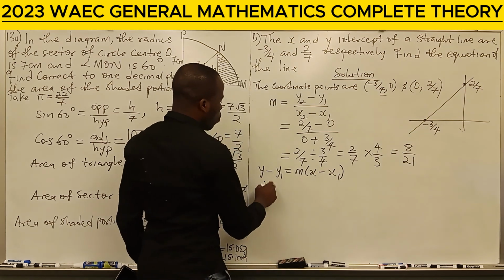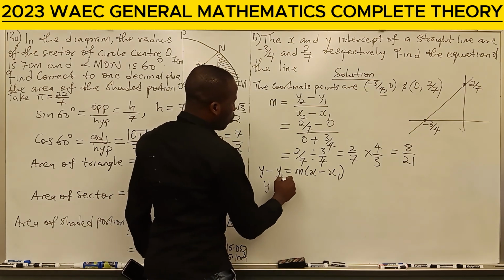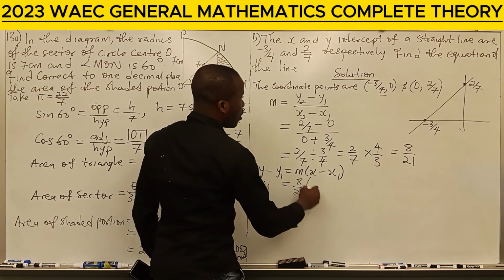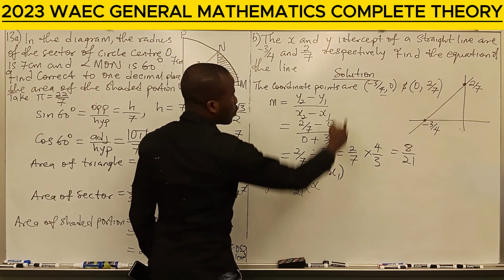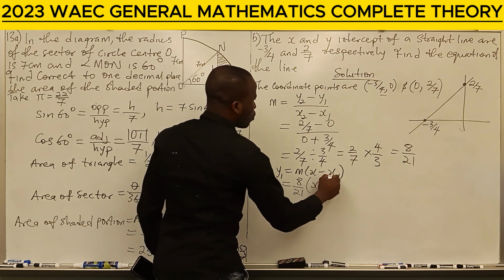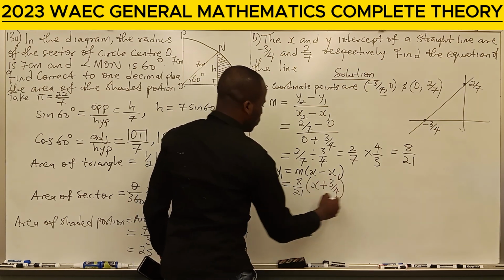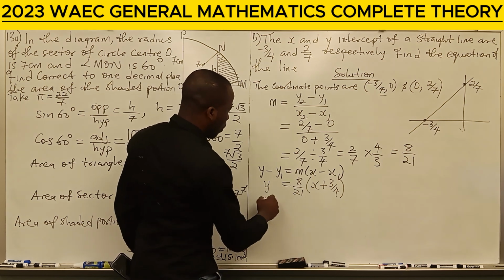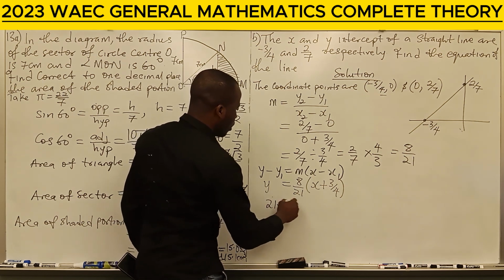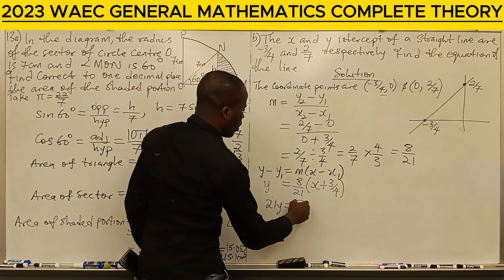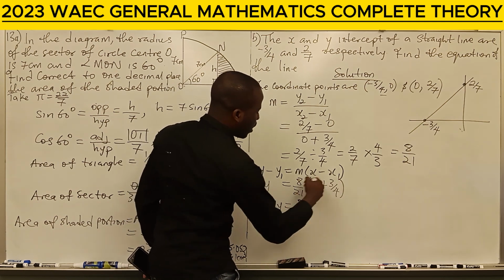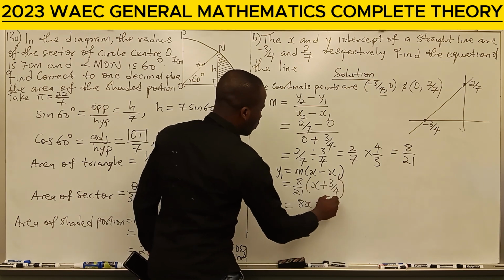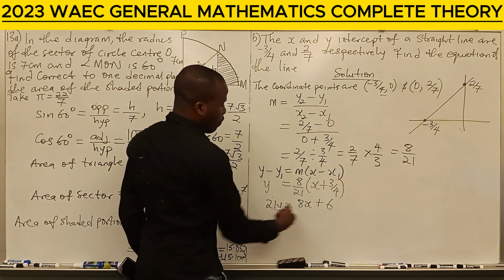So this will be y minus 0 equals our m, which is 8 over 21, times x, our x1 is minus 3 over 4, which is plus. If I multiply through by 21, I'll have 21y. If I open the bracket, I will have 8x. 8 times 3 over 4, 4 divided by 8 is 2. 2 times 3 is 6. So this is the first case.